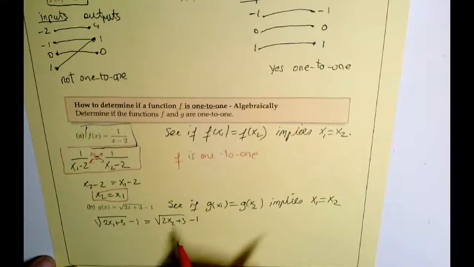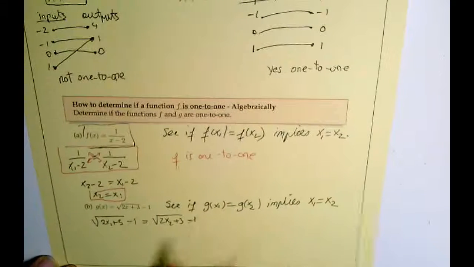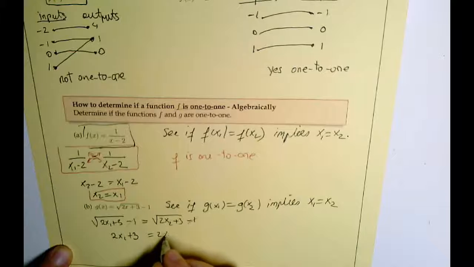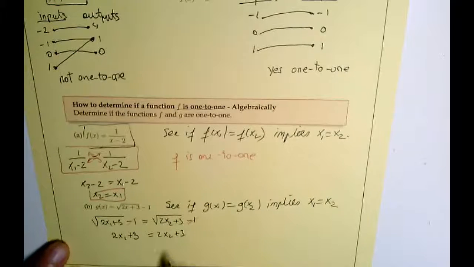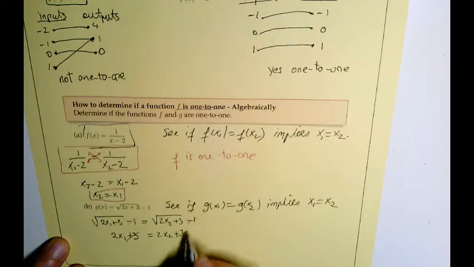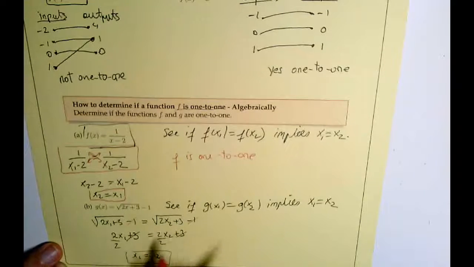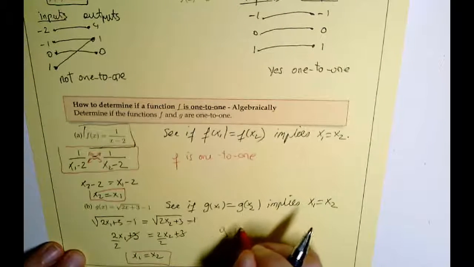So if I add 1 to both sides, this goes away. And then if I square both sides, I'll get 2x1 plus 3 equals 2x2 plus 3. If I subtract 3 from both sides and divide both sides by 2, I get that x1 equals x2. So yes, g is also one-to-one.